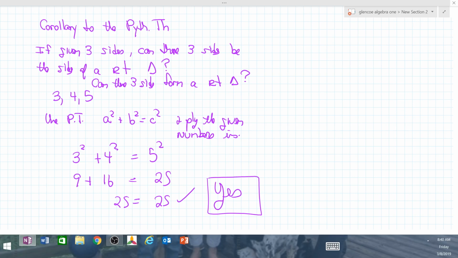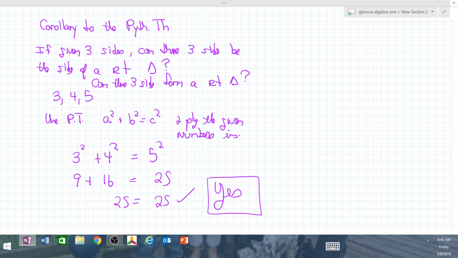What we do is we take the longest side and make that side C and plug the other two numbers in for side A and B. And we plug it into the Pythagorean theorem, a squared plus b squared equals c squared. If when you plug them in, the left side and the right side are equal to each other, then yes, it can form a right triangle.